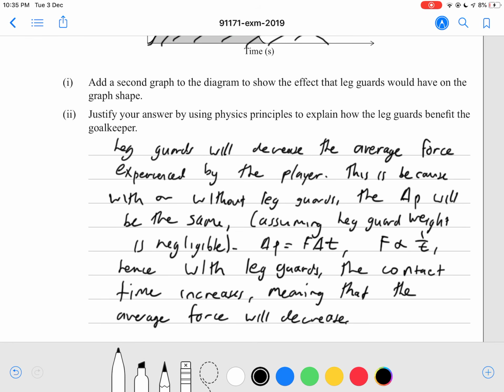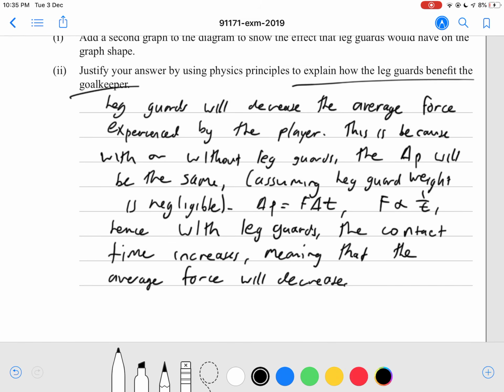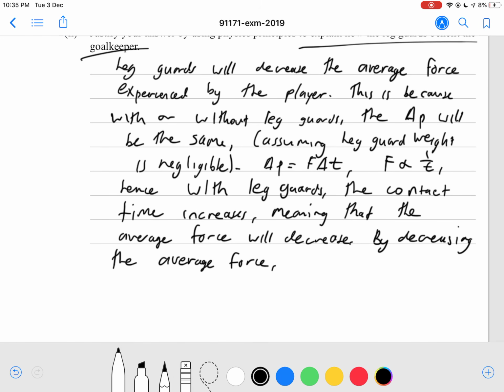However, we're not quite done, because the question asks you to explain how it benefits the goalkeeper. So you can say by decreasing the average force, it's going to reduce the chance of injury. By decreasing the average force, the chance of injury will decrease, and hence it is beneficial.